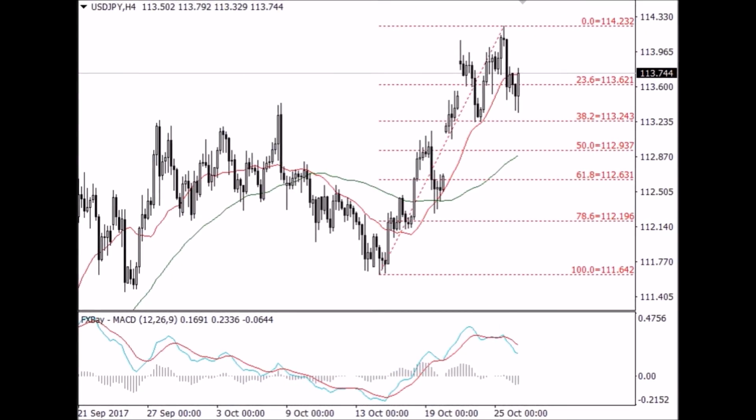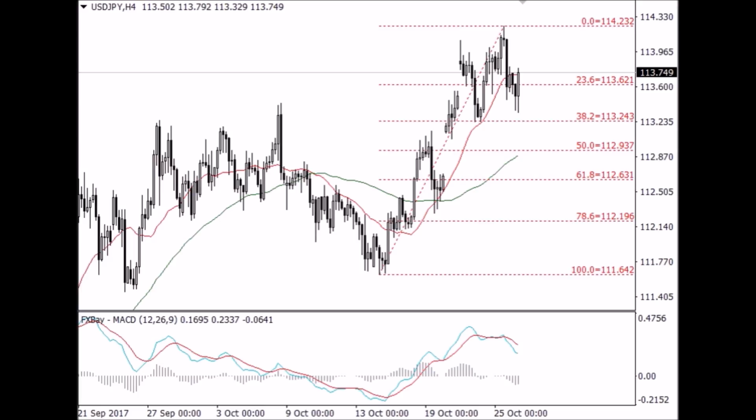Referring to the USD/JPY pair, the dollar was held weaker against the yen on Thursday as investors look ahead to the announcement of the new Fed chair by President Donald Trump, possibly this week. The pair traded near the resistance level of 113.6 but failed to close above this level, which will lead to further retracement and could fall towards the next support level at 113.3.